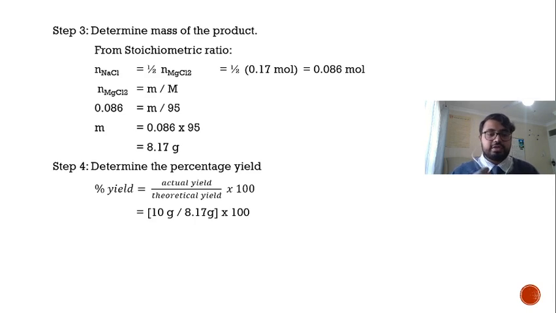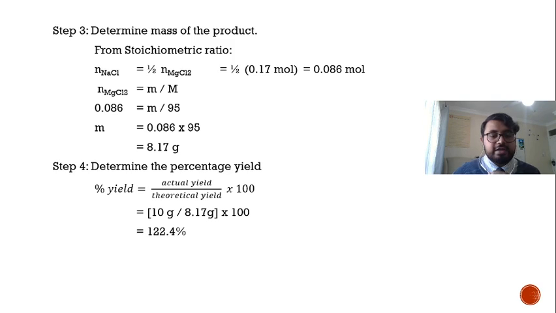Let's go through that quickly one more time. We had to change our values. I made a mistake, I'm sorry about that. Our actual yield was 10 grams, but the yield that we were supposed to have gotten was 8.17. So maybe there's too much water in the student's product.